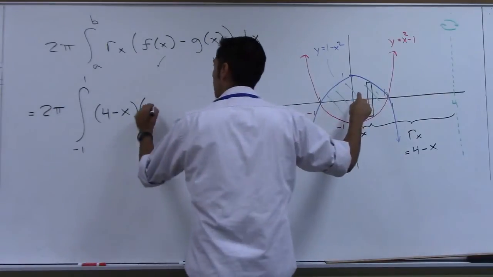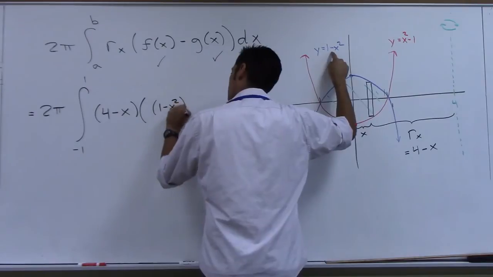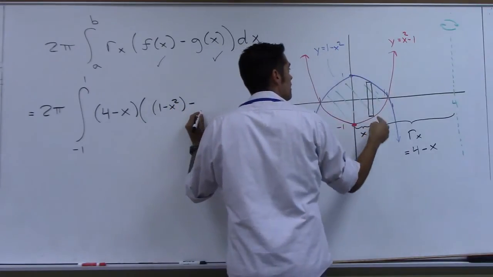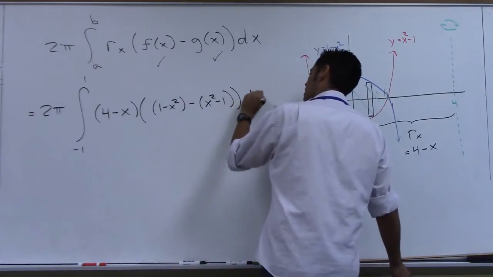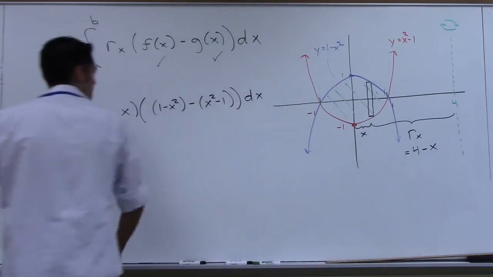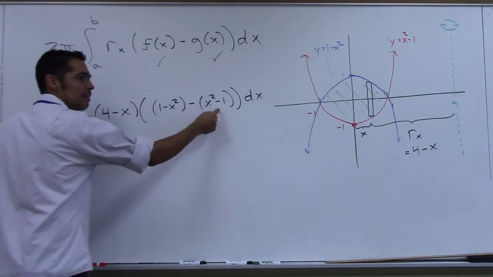So f of x was 1 minus x squared minus the bottom function, which was x squared minus 1 dx. Now I kind of have a lot of parentheses in here, but I'm only doing that to be sure that you distribute that negative properly.